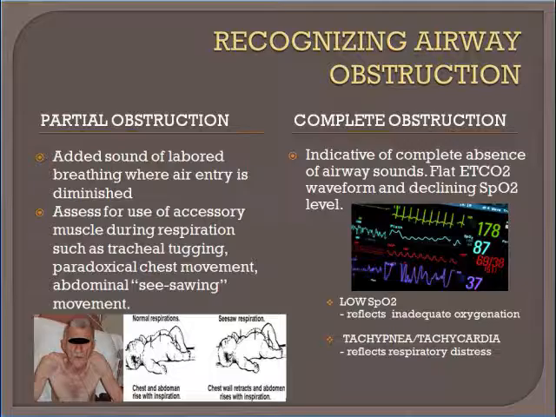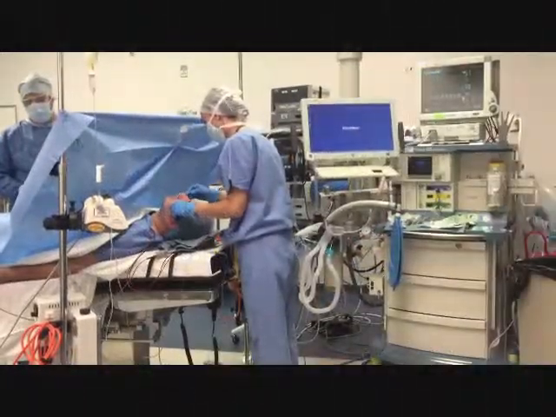When a patient is in complete airway obstruction, there is a complete absence of airway sounds. There will be a flat end-tidal CO2 waveform and declining SpO2 level. Note that a low saturation reflects inadequate oxygenation. Tachypnea and tachycardia reflect respiratory distress.